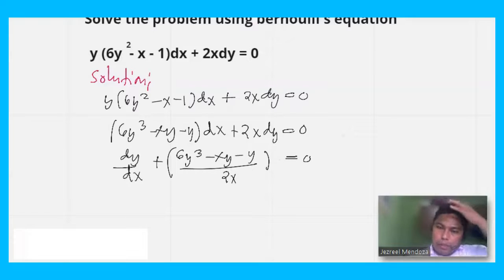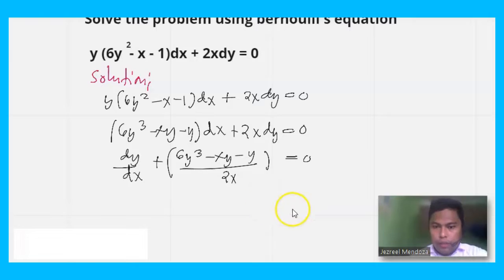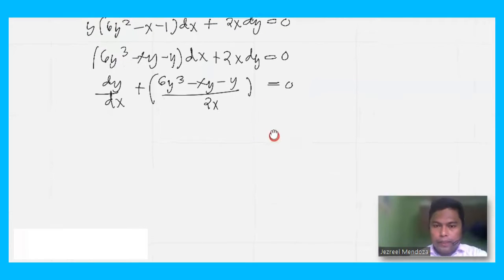Okay, so from this we can determine that it is linear in y.